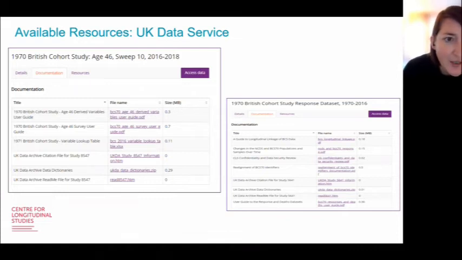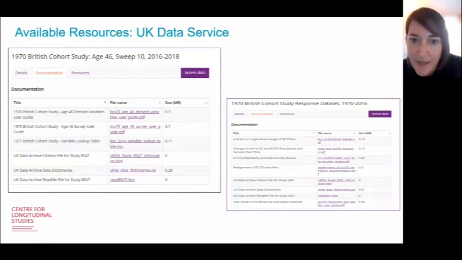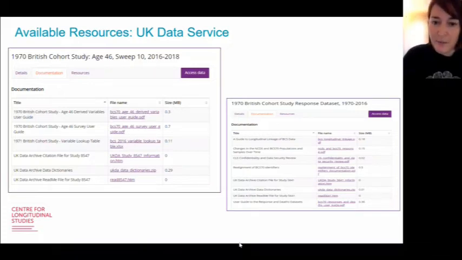So the documentation under the age 46 sweep will include the derived variable user guide, the survey user guide, the variable lookup table, citation file, data dictionaries, and other sources of information. And just to flag, on the right-hand panel, there is the response data set, which is a longitudinal data set that will allow you to document the response for each sweep, which is important for doing some longitudinal analyses.